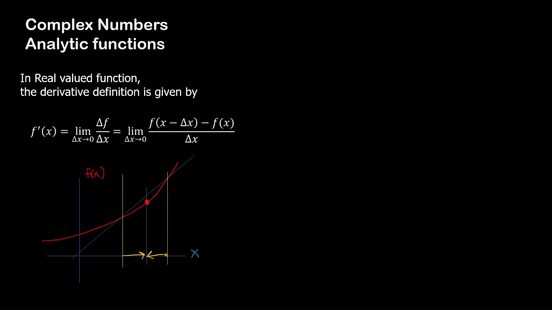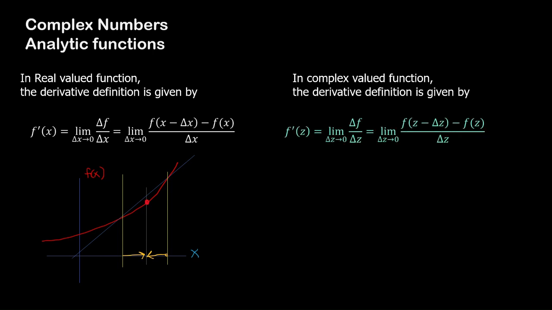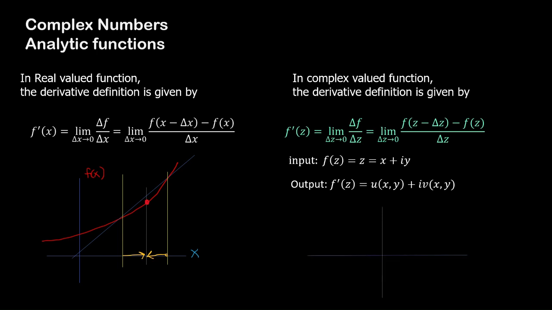So let us see the complex valued function derivative definition. In this case, we will have an input in the form of a complex number with terms x and y, so that our output will be a complex number as well with terms u and v. Let us see how the approximation goes with a complex valued function. If we choose a point z0, we can have a limit approaching along the imaginary axis from bottom and top.